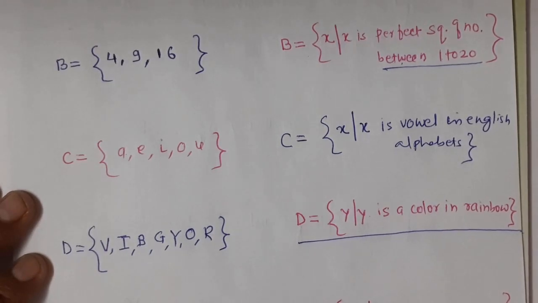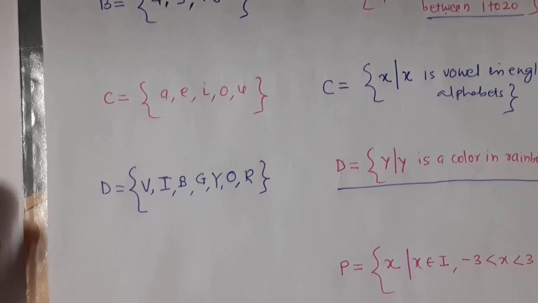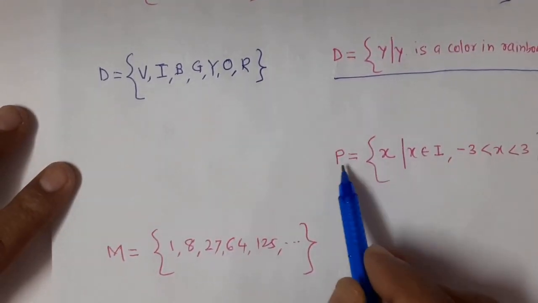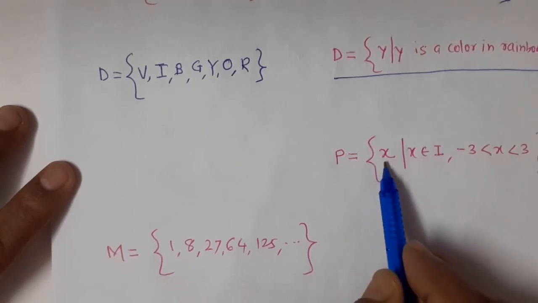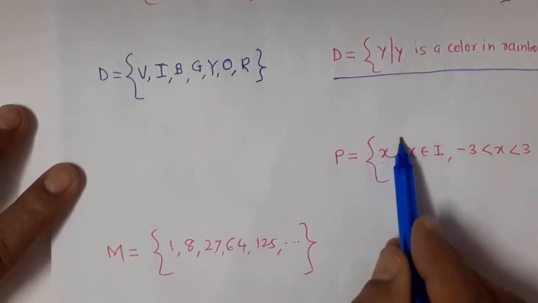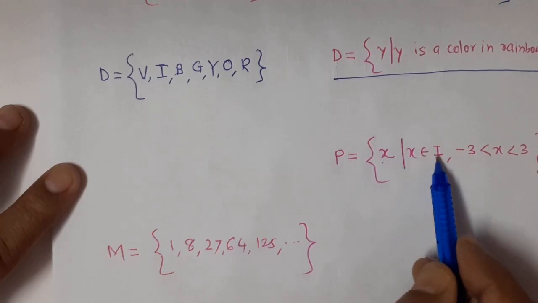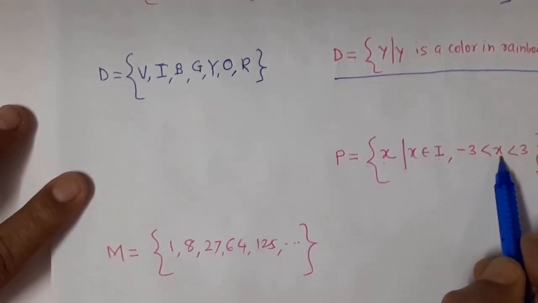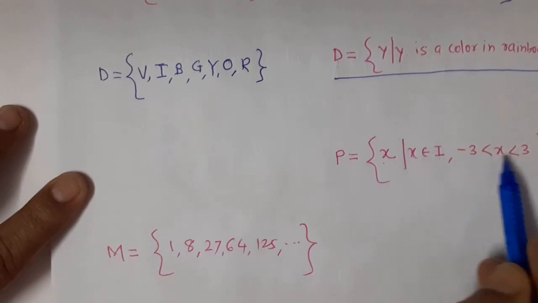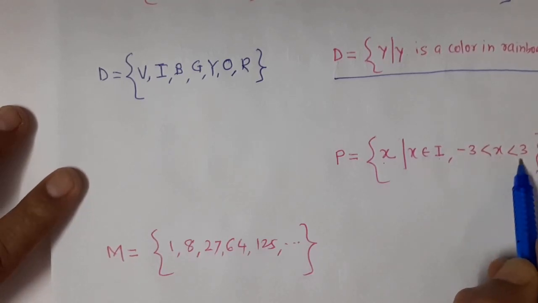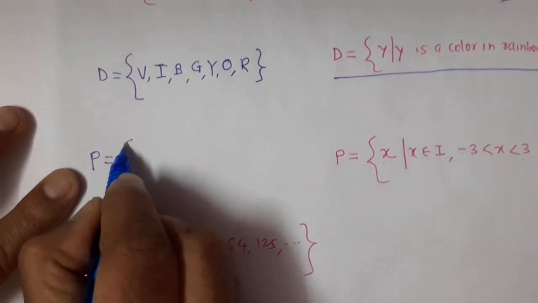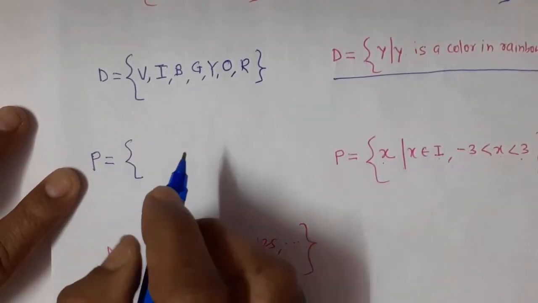Here again, in the rule method, it is given that P is a set of all x such that x belongs to the integers and the value of x is between -3 and 3. So how can I write this set?